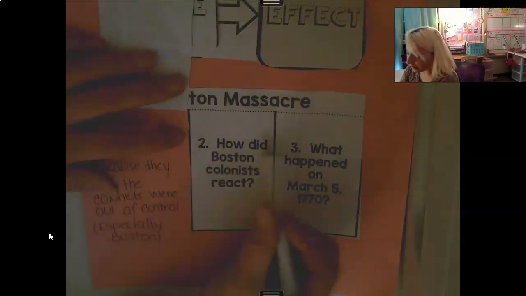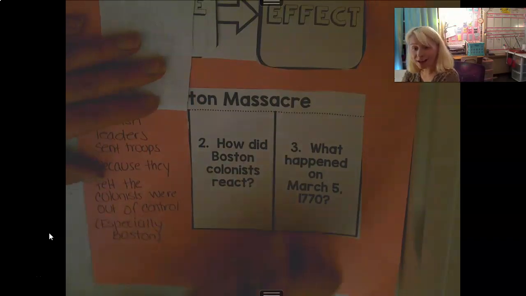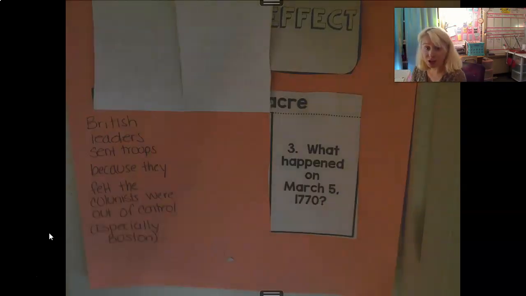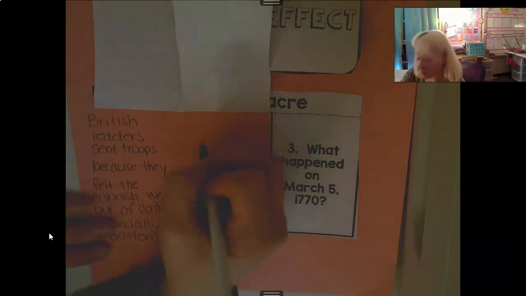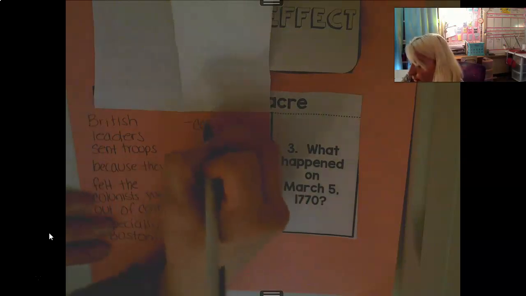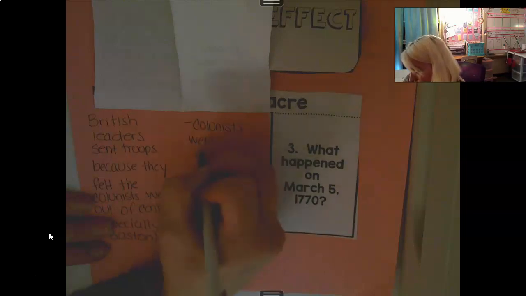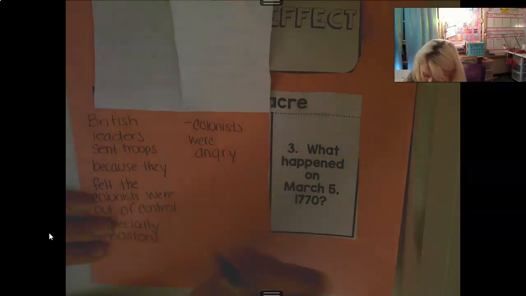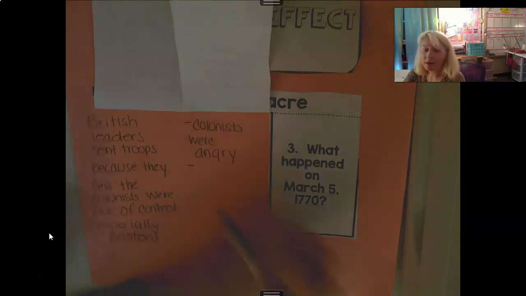Let's see. How did the Boston colonists react to the troops coming in? Now react, remember, that's an action they're going to take. Well, their feelings were, of course, the colonists were upset. Angry. Let's put angry. And here's the action.